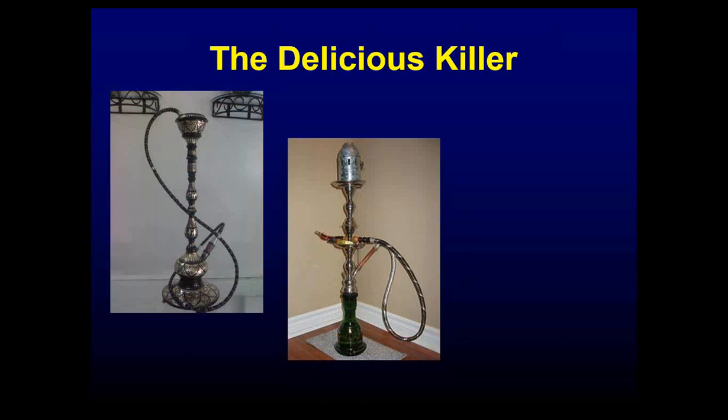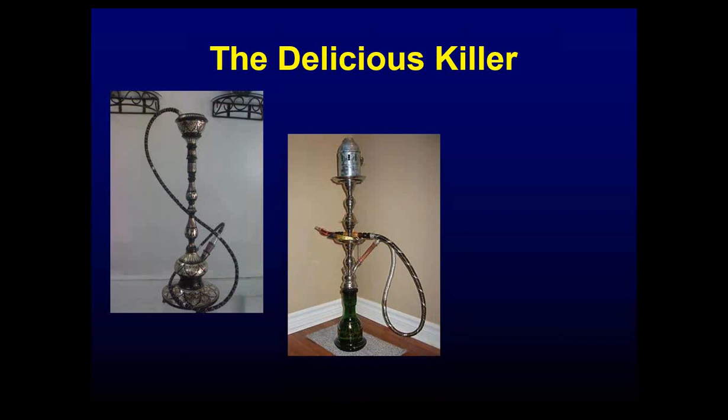This is water pipe tobacco smoking. It used to be a common habit in certain parts of the world years back, but recently it has been adapted or modernized, and as a result has become very popular among the younger generation.